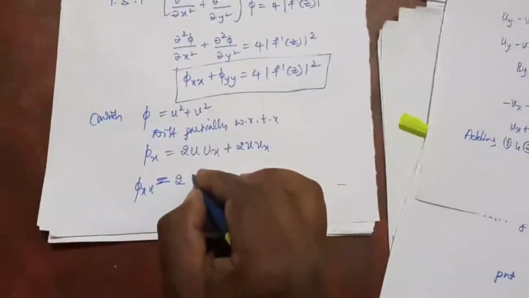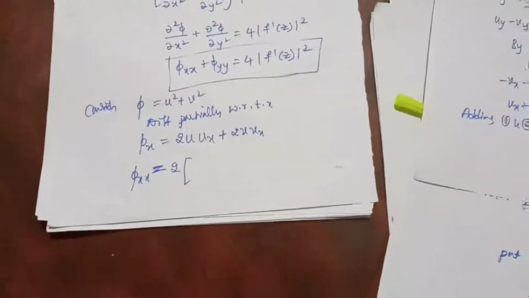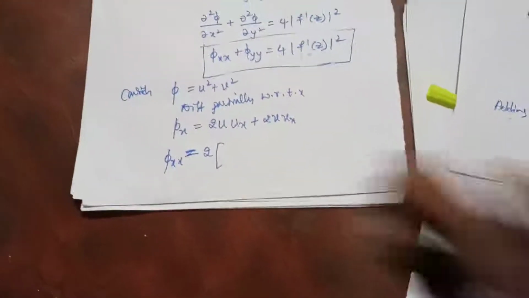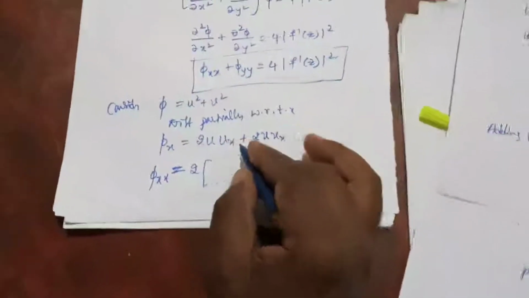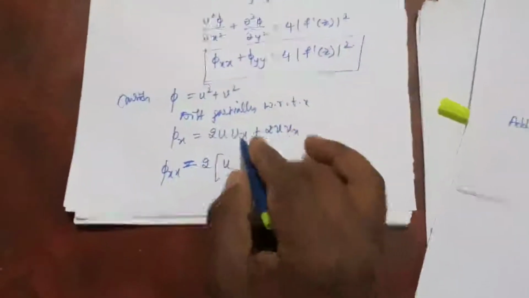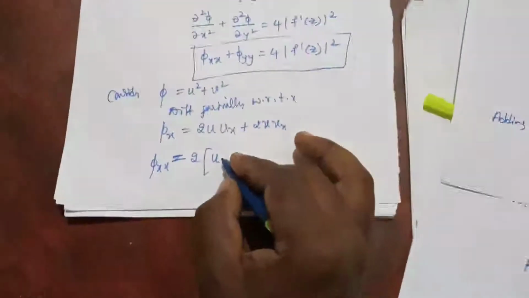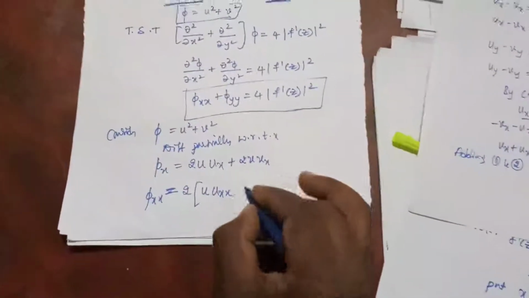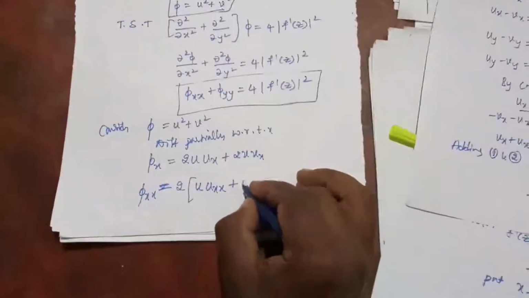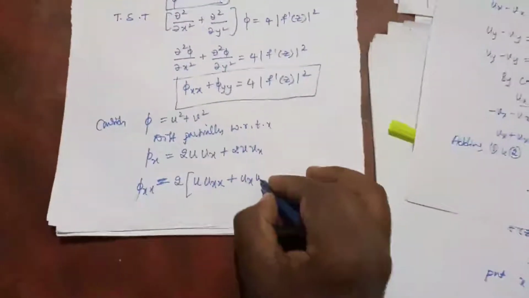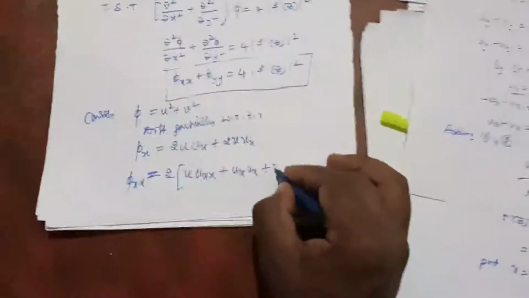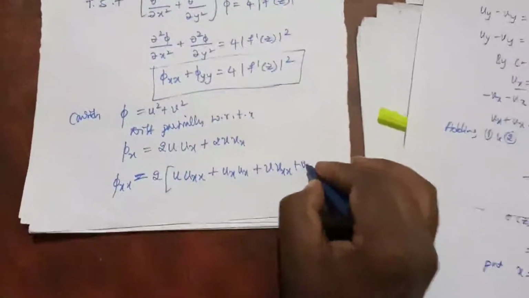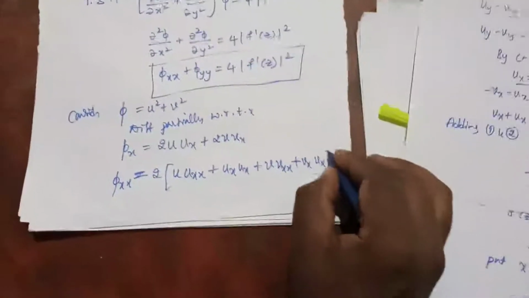Equal to, write 2 outside, as we have 2 common in both the terms. Here u is there, we have to apply the product rule. u is a function of x, ux is also a function of x, so write u as it is, ux differentiation is uxx, write ux as it is, u differentiation is ux, plus similarly for v: v as it is, v differentiation vxx, plus vx as it is, v differentiation vx.